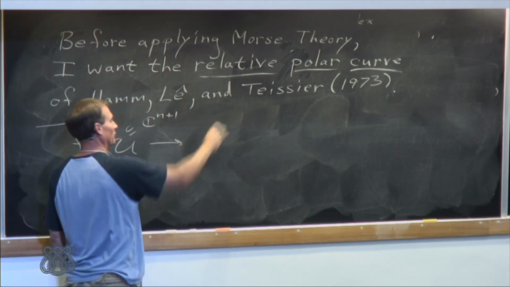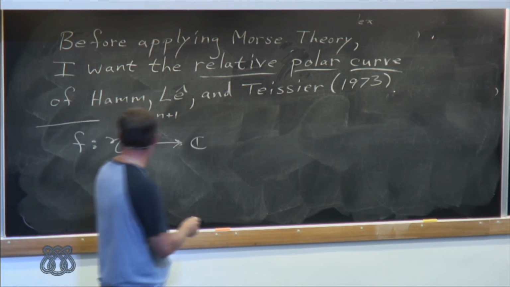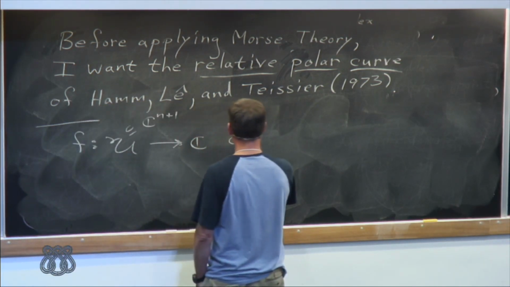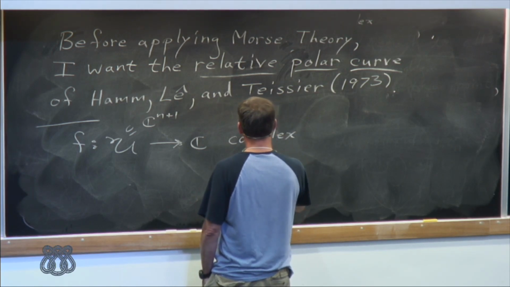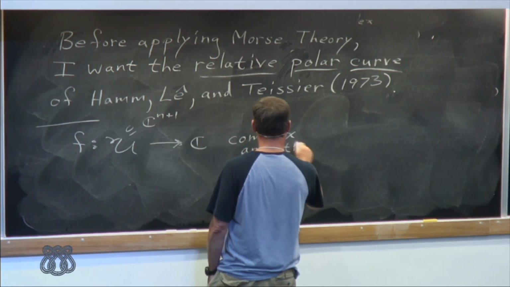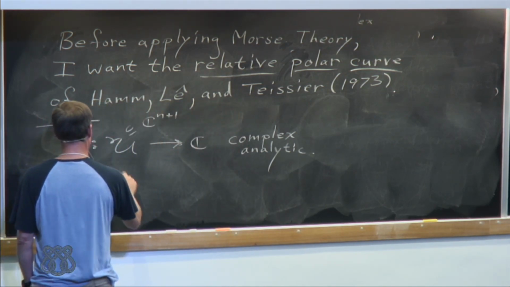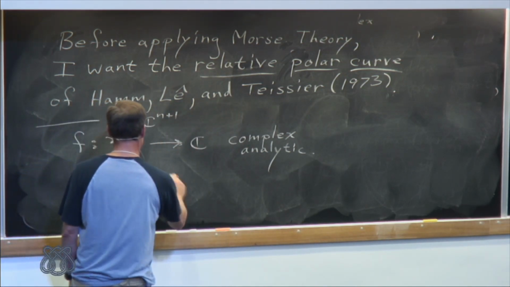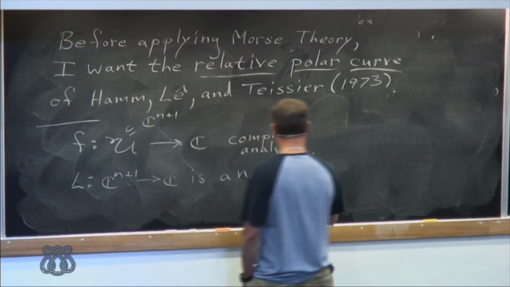It was real for a while, but those nasty real numbers went away. This is complex analytic. And L from C^(n+1) to C is a non-zero linear form.